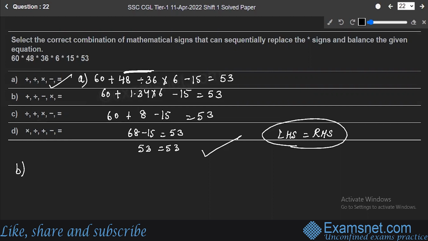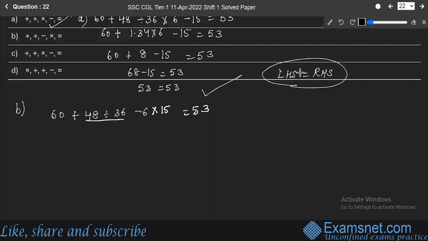Let's fill in the second one also. This will make it 60 plus 48 divided by 36 minus 6 multiplied by 15 is equal to 53. So according to BODMAS, first of all, we'll be doing the division. This will give me 60 plus 1.34 minus 6 into 15 is equal to 53.